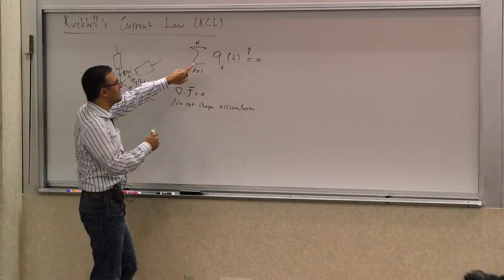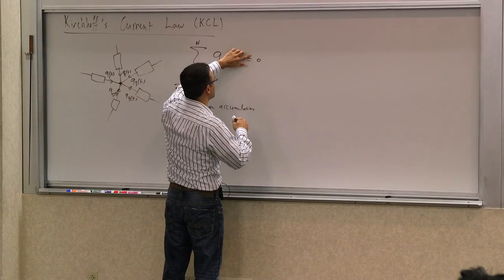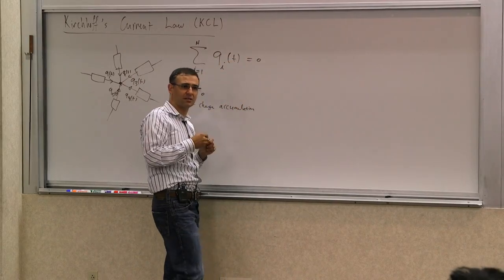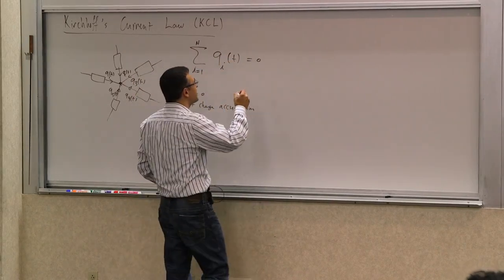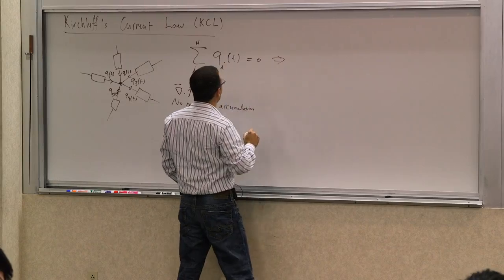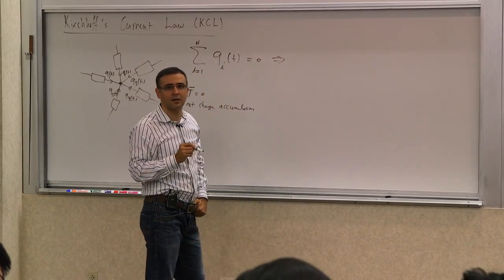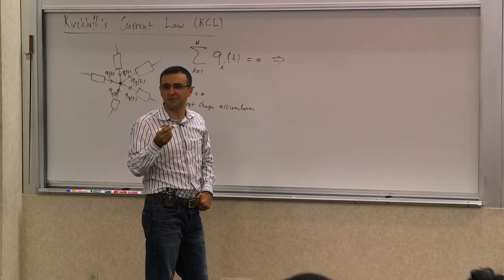Now, this is true for circuits, and we are in the circuits domain, right? So if this is true, it should be true also for the derivatives with respect to rates.